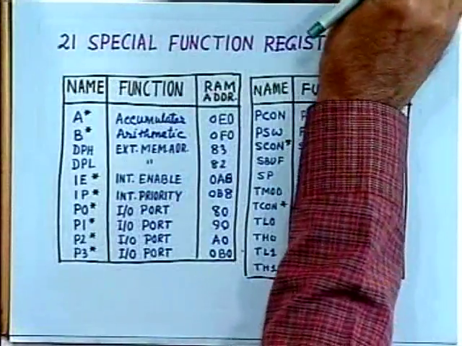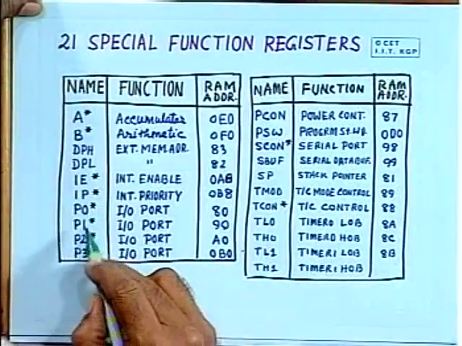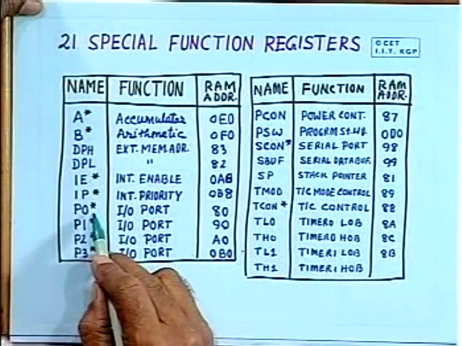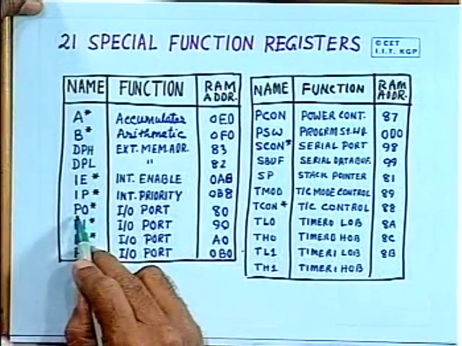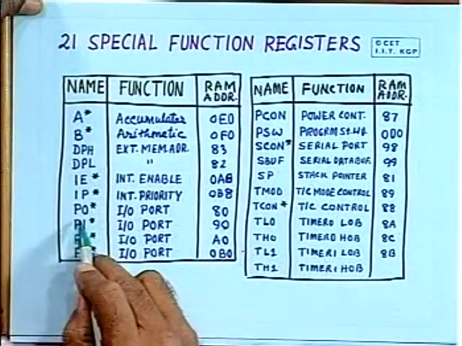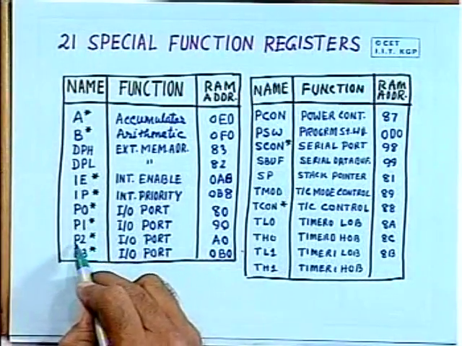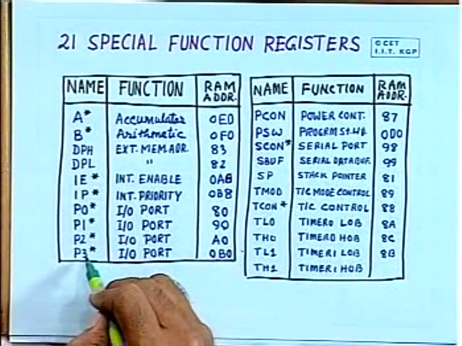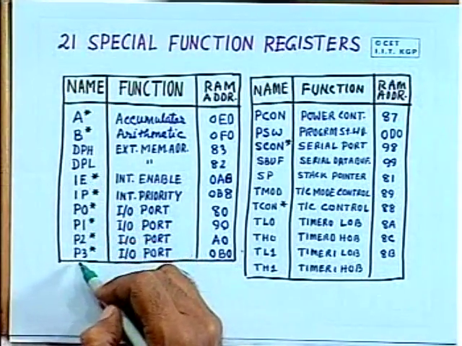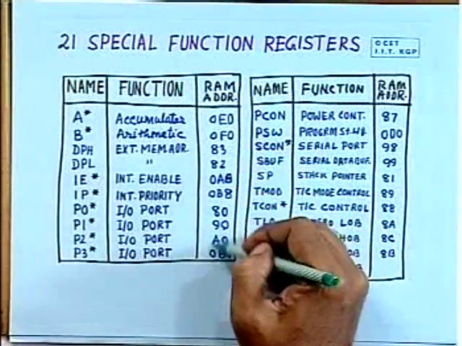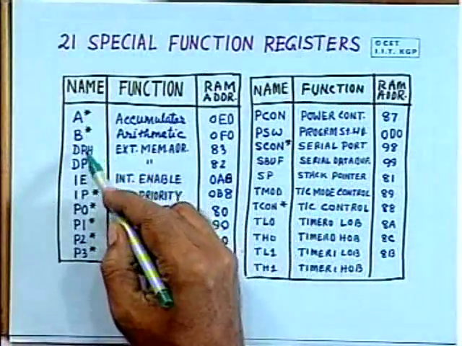For each of these ports, you have got a corresponding data buffer. So P0 stands for the IO port data buffer, P1 is the data buffer for port 1, P2 is the data buffer for port 2, P3 is the data buffer of port 3.